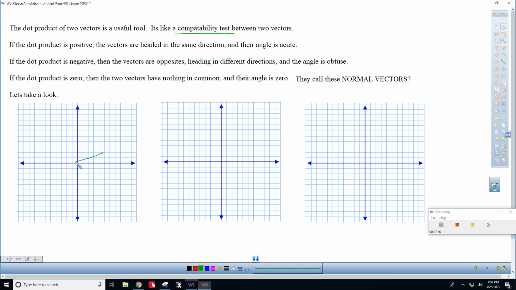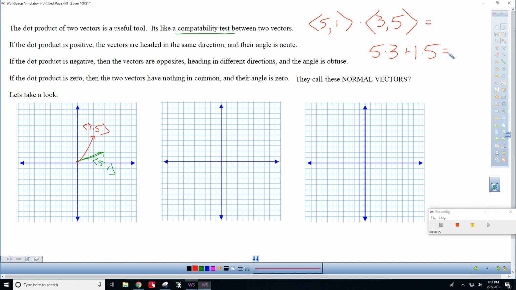So let's look at this vector right there, which is 5, 1. And let's take its dot product with this vector, which appears to be 3, 5. How do you take the dot product? Well, 5, 1 dot 3, 5 is 5 times 3 plus 1 times 5.